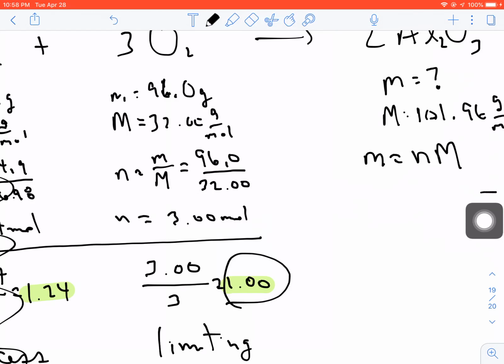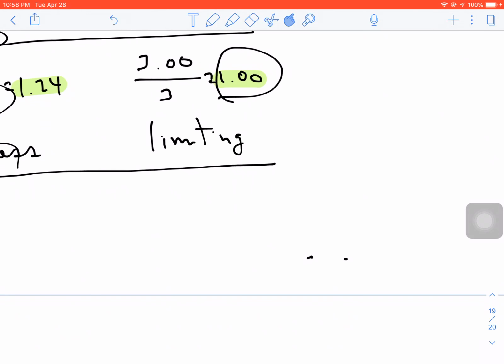So to find that little n, I need to use my mole ratios. Mole ratios say the number of moles of aluminum oxide is equal to the number of moles of my limiting reagent, which is oxygen, times the ratio of their moles in the balanced equation.